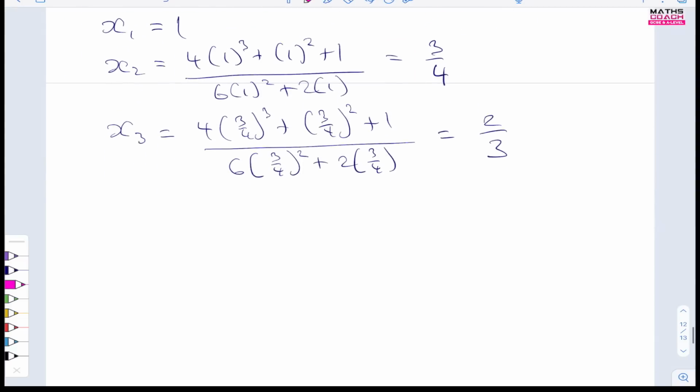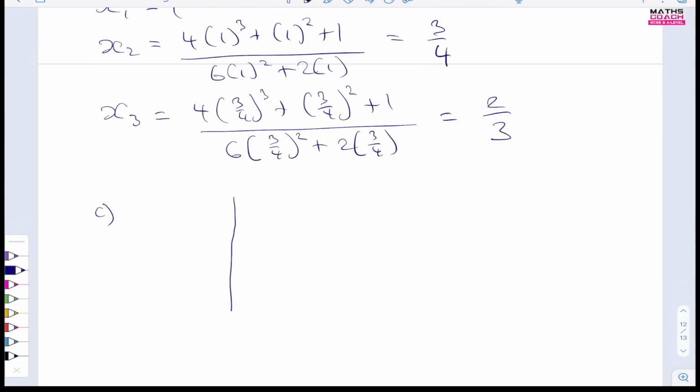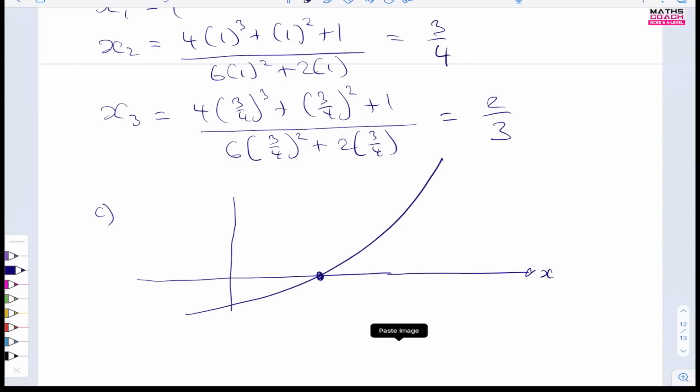So we'll quickly draw a diagram to illustrate what happens at a turning point and why the Newton-Raphson doesn't work. So let's say we've got a curve like this. It crosses the x-axis at that point. So this is the root of our graph. So let's say the first approximation is here, that's x0.